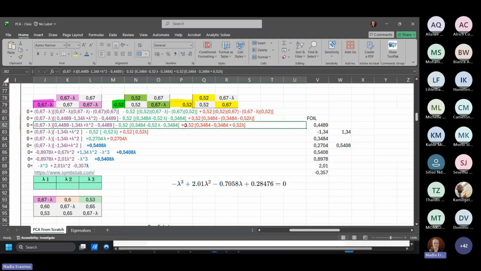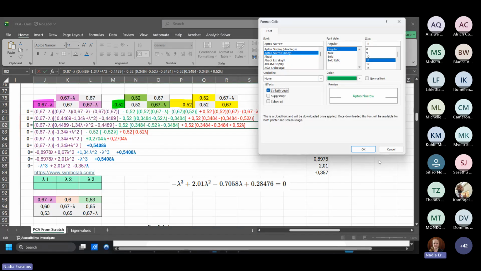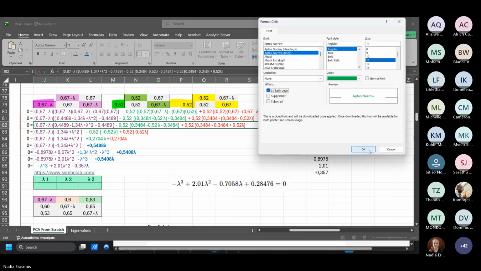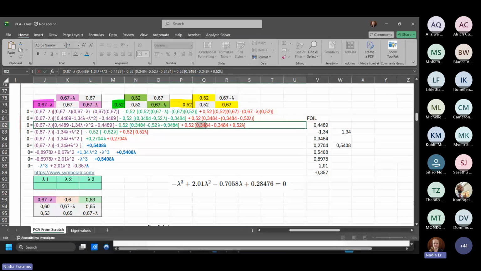Okay, let me see what else. I can, no, this one doesn't have that function. Strike through. There we go. It actually does have that. It's just harder to write. Okay.